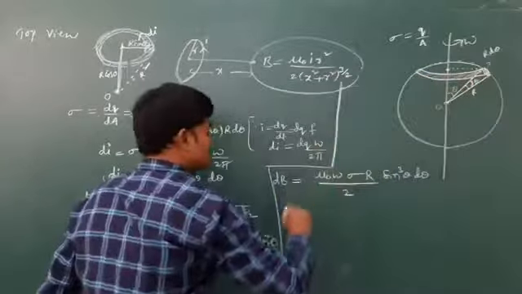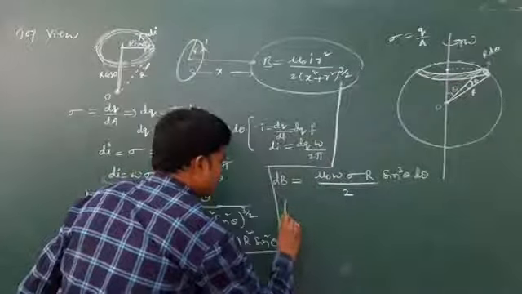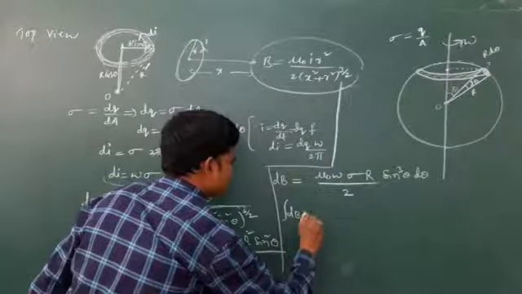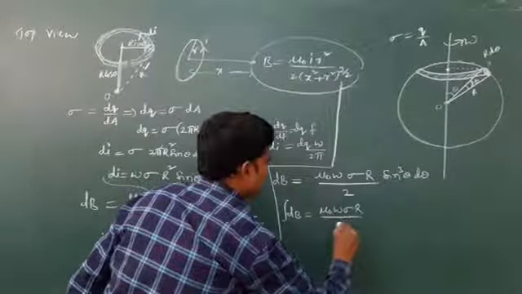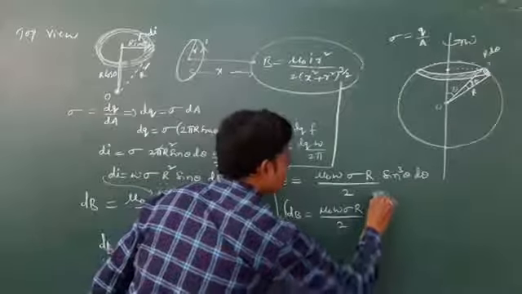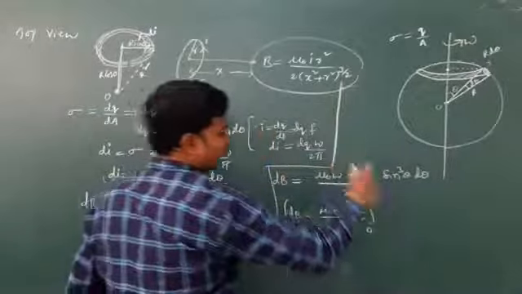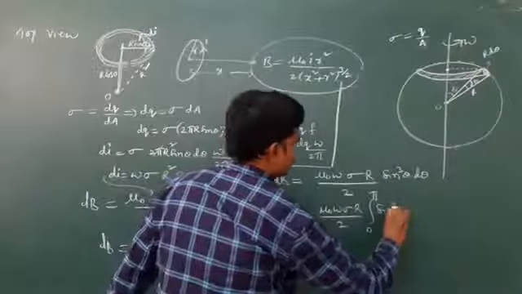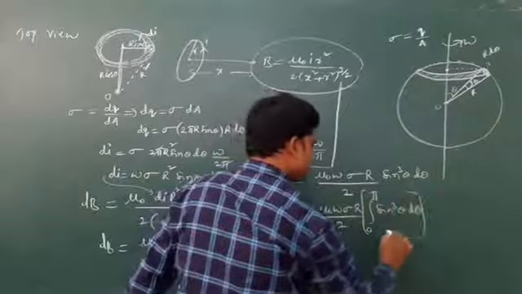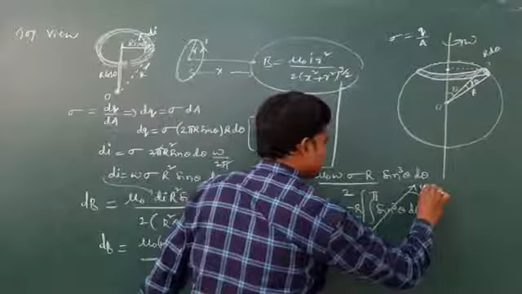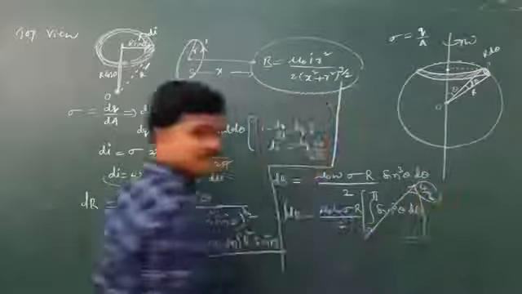So take the values and apply the integration: dB is mu naught omega sigma r by 2, integration from 0 to pi of sin cube theta d theta. If you are good in integration, this value is equivalent to 4 by 3.